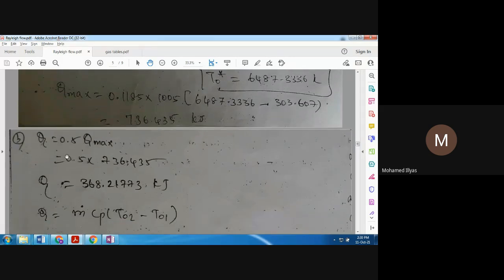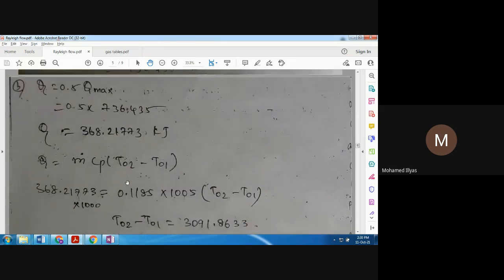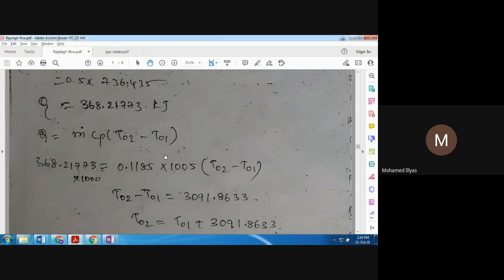It is given that the actual heat transfer is 50% of the maximum possible heat transfer. So we get our Q as 0.5 into Qmax, which we obtained as 368.217 kilojoules.